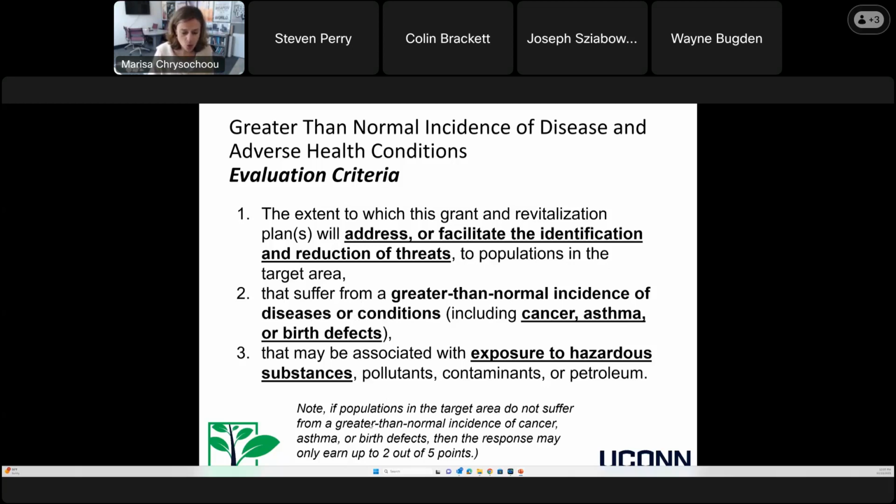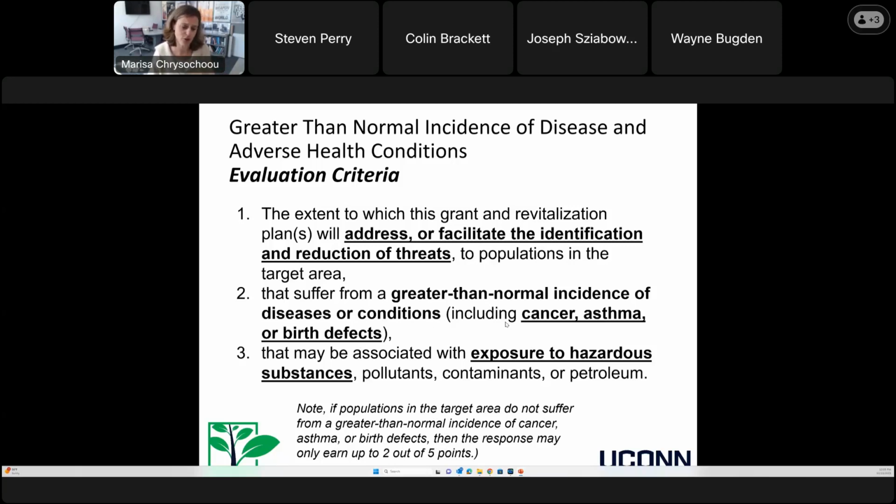Note that the criteria also say that if populations in the target area do not suffer from a greater than normal incidence of cancer, asthma, or birth defects, then the response may only earn up to 2 out of 5 points. So you can still talk about other conditions or diseases beyond cancer, asthma, and birth defects, but you will not get the full points for that section. So we will be focusing mostly on these categories during this presentation.